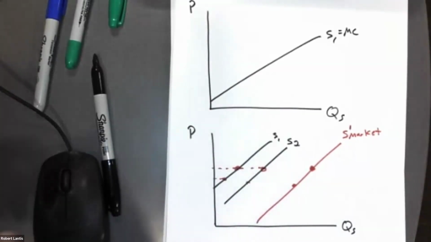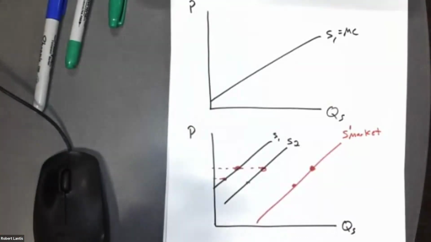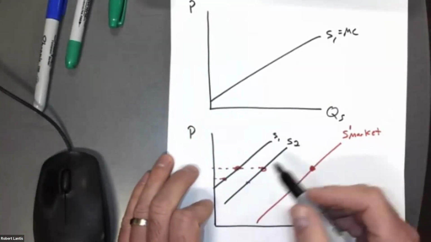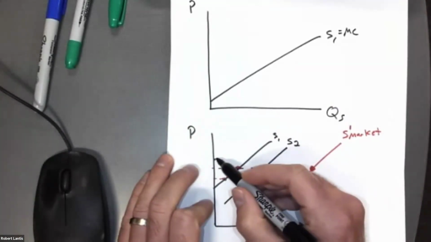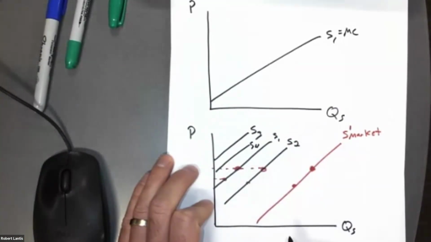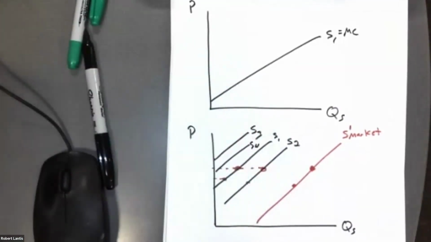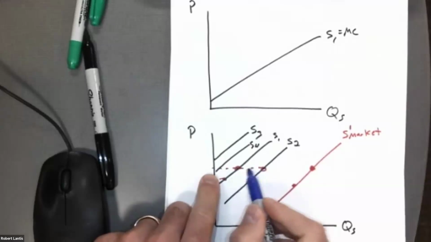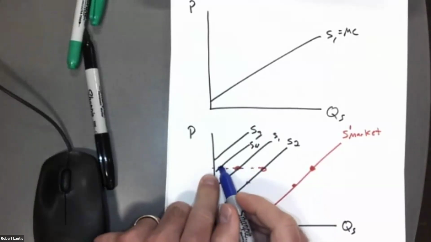If I have more individuals in this market, so let's say instead of two producers, I now have a third producer and a fourth producer, well, now at every single price, how do I get market supply? I'm not only adding up the supply from two, I'm adding up from all four.